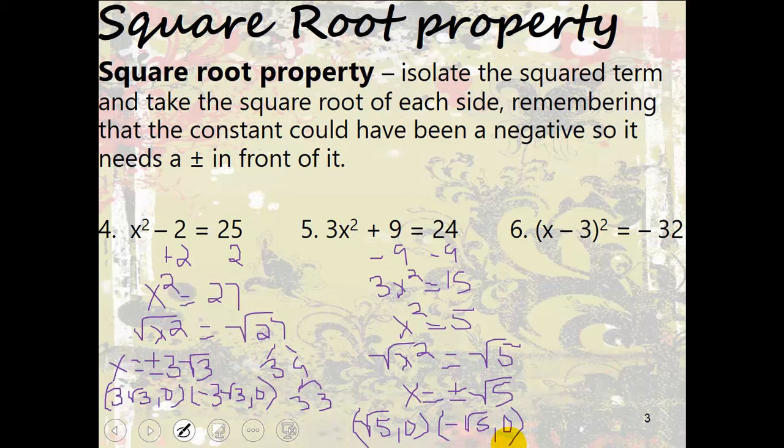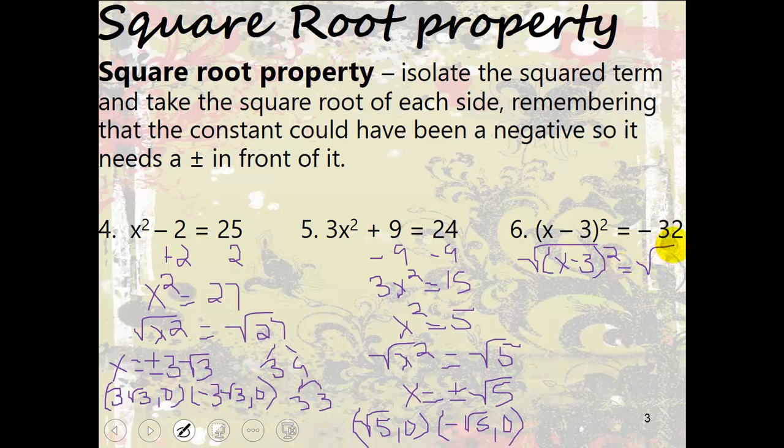Now, number 6, this is just a little bit different because I have a square after a parenthesis, but I can still take the square root of both sides because this whole thing is being squared and it's isolated. So don't multiply it out, just take the square root of both sides, and whenever you take the square root of something that's being squared, you just get that thing that's underneath the radical.